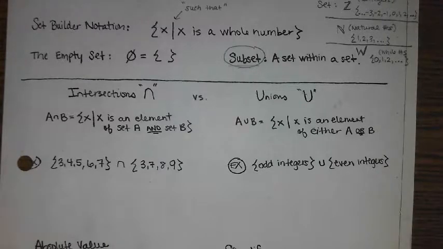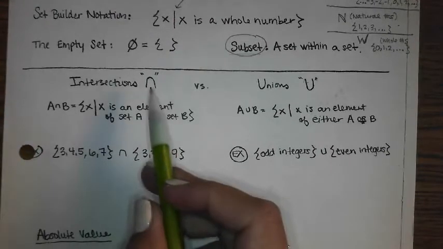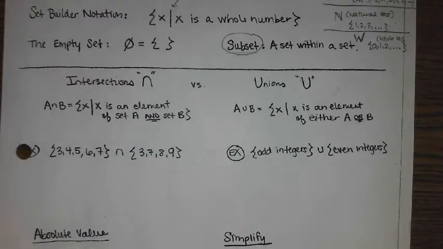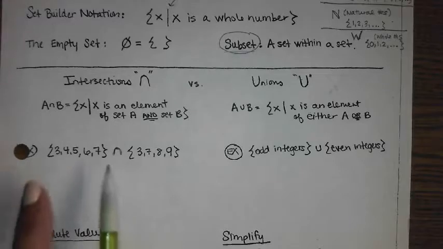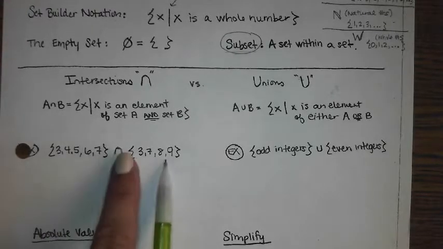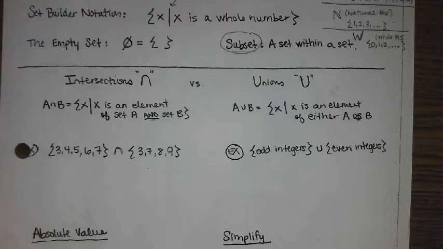Intersections and unions. Does this look familiar? Did you do this last year? You did. Okay. So we know that an intersection between two sets is what they have in common. And it's the upside down U. So if you look at this set and this set, their intersection is, I need to get my class list out here, is what, Leah?